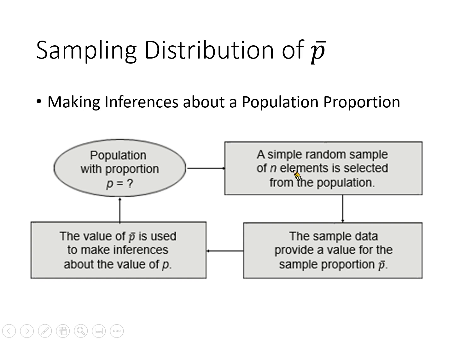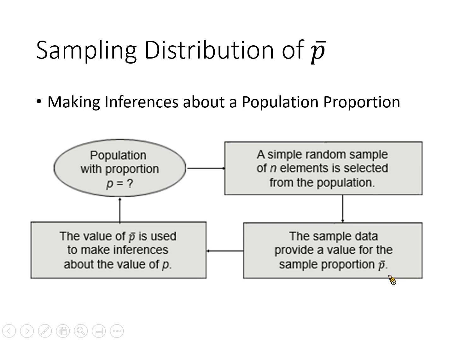First, you use a population and try to use simple random sampling to choose n elements you are interested in, selecting them from the population. Then the sample data will provide a value for the sample proportion p-bar.